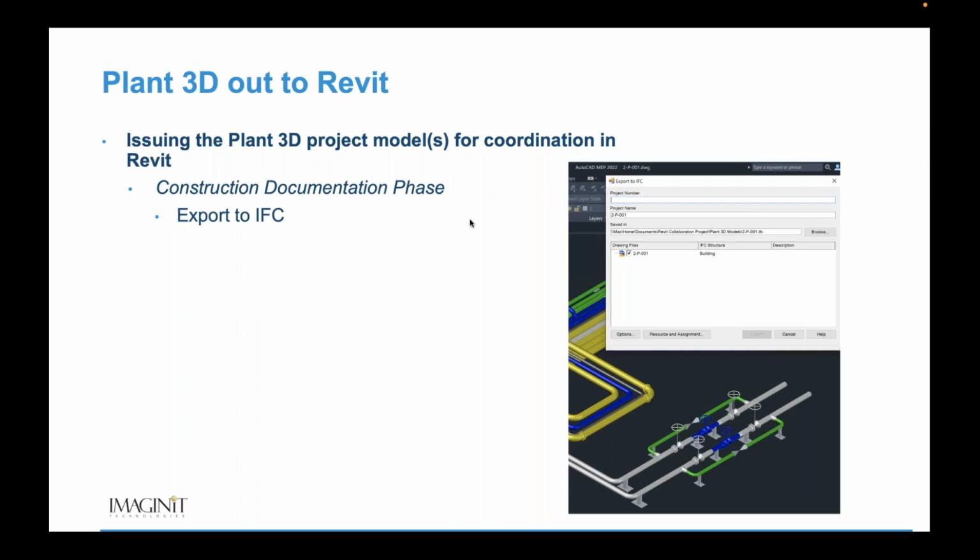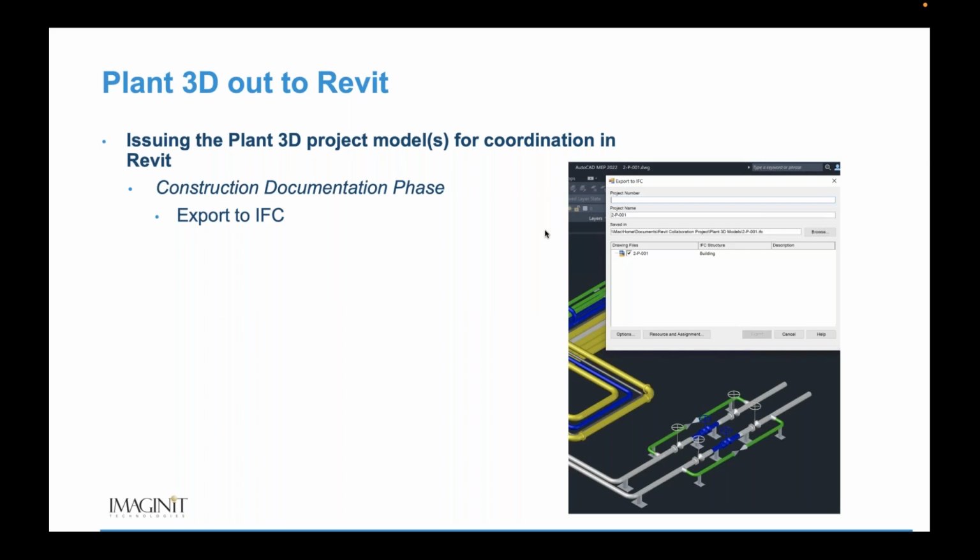And so that's why this gets a little bit different, because as you can see in my image here, or maybe not because it's kind of small, AutoCAD MEP comes into play here. AutoCAD MEP does support IFC import and export. And with the addition of the object enabler, the AutoCAD MEP software can open the native Plant 3D drawings. I don't have to export them first. And then once that drawing is open in AutoCAD MEP, I can export those to an IFC model.